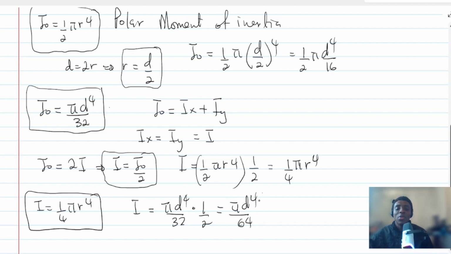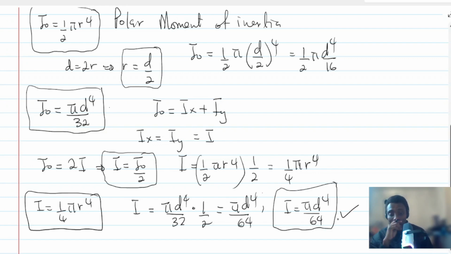For a circular cross section, the polar moment of inertia is 1/2 pi r4 in terms of radius, and 1/32 pi d4 in terms of diameter. However, the area moment of inertia of a circular cross section is 1/4 pi r4, and in terms of the diameter it is 1/64 pi d4. Thank you very much for watching.